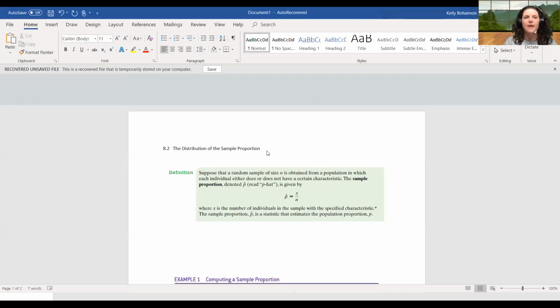Let's say we were going to do a survey on all of the seniors at Springtown High School. I don't know how many of you there are, but let's just say, because it's easy, there are exactly 200 of you.